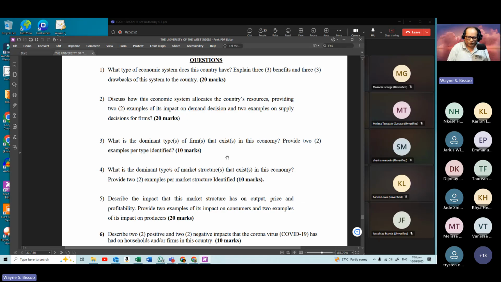Question 4 shifts us over to looking at market structures. So what is the dominant type of market structure? Now, for those of you who haven't done economics, there's a distinction between types of firms and types of market structures. When we talk about market structures, we're talking about, is it a monopoly market, an oligopoly market, a duopoly market?